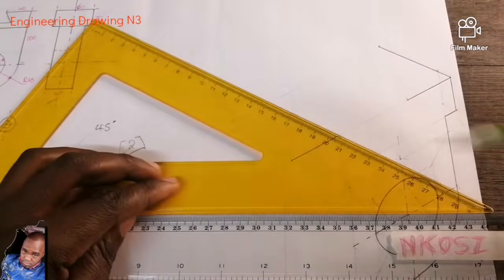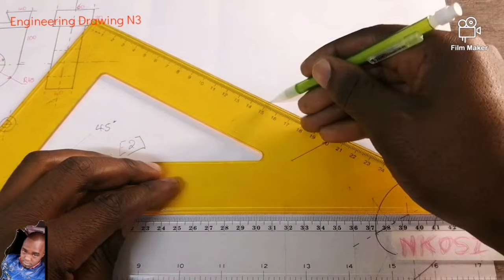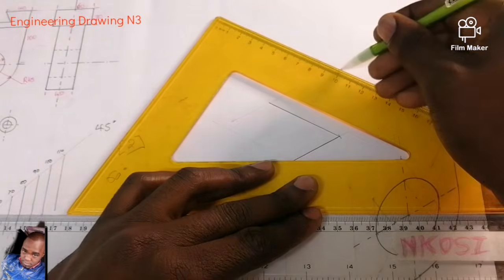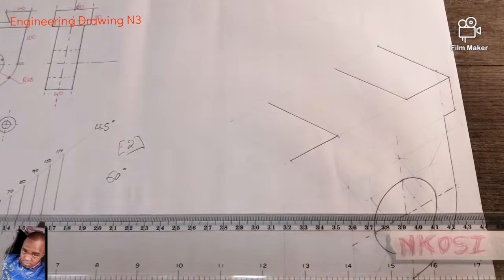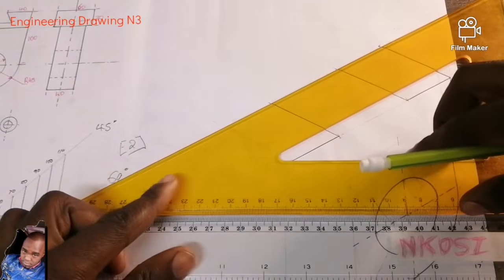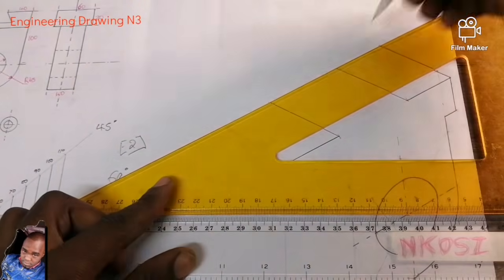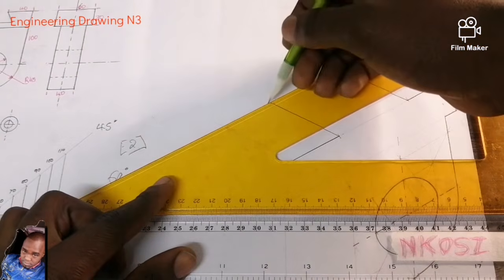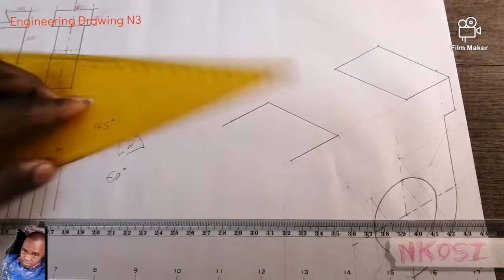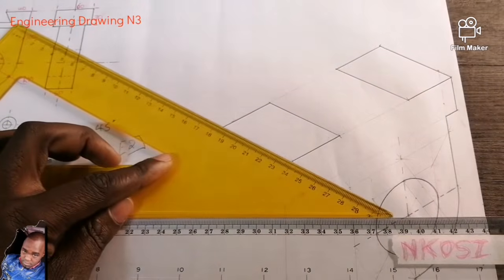But here, dark, I know. Dark from here till there. You see, it's simple now. That is why I said we've started with what seems to be challenging. Dark from here till there. So I can come back to draw it dark here.